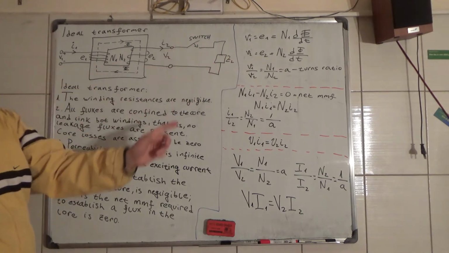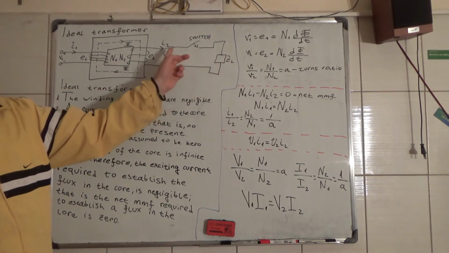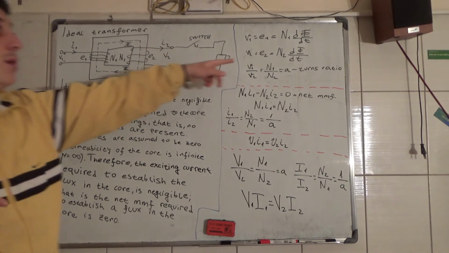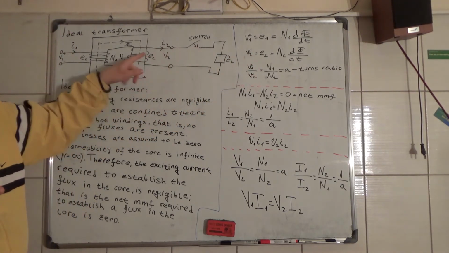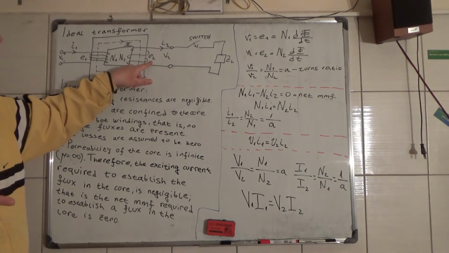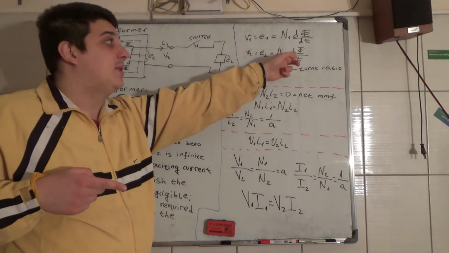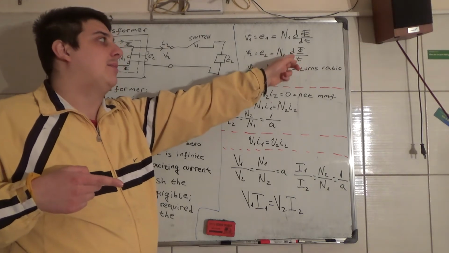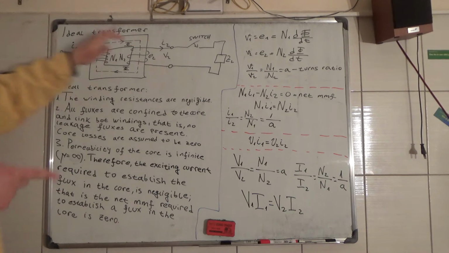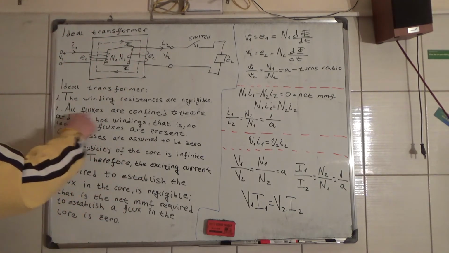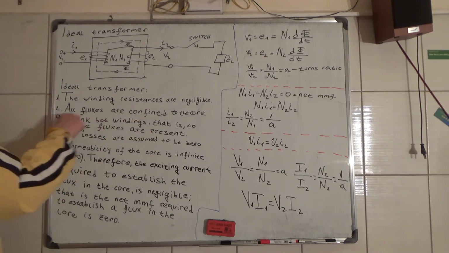Now, V2, the voltage on the terminals of the secondary, is going to be equal to the induced voltage of this winding here, and that is equal to N2 times dφ by dt. So you know that in the ideal transformer, all fluxes are confined to the core.